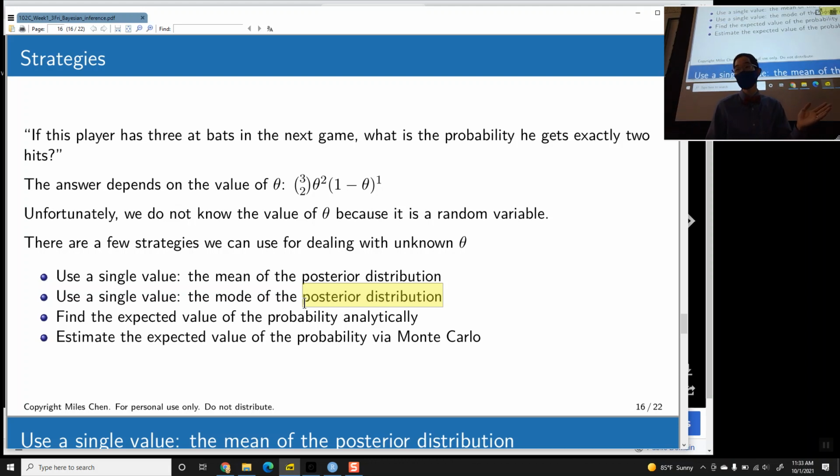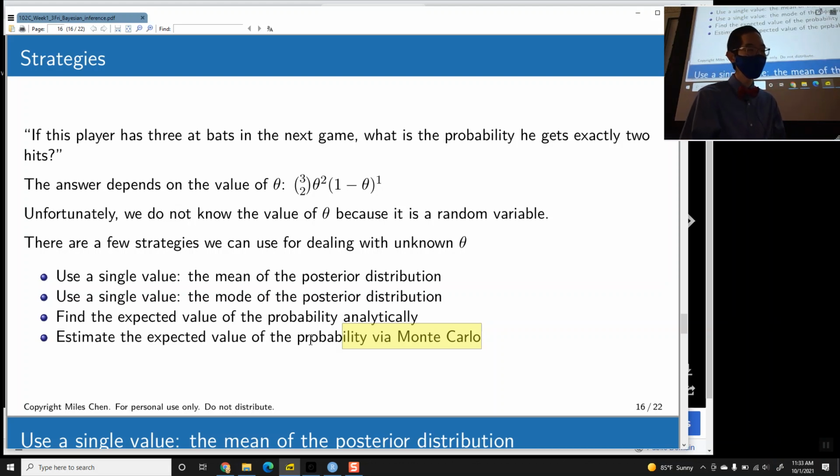We're going to have to do an integral. It's a little bit of work, but we can do it. And the last method is we're going to find the expected value via Monte Carlo methods. This is going to be our introduction to the concept of Monte Carlo estimation.